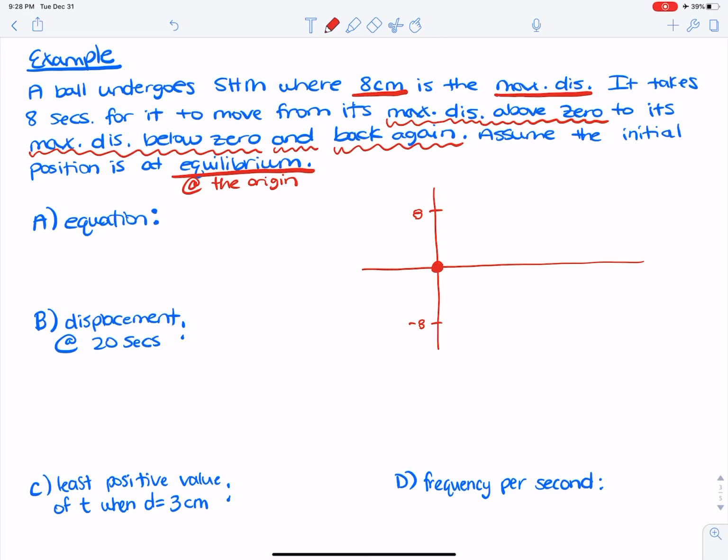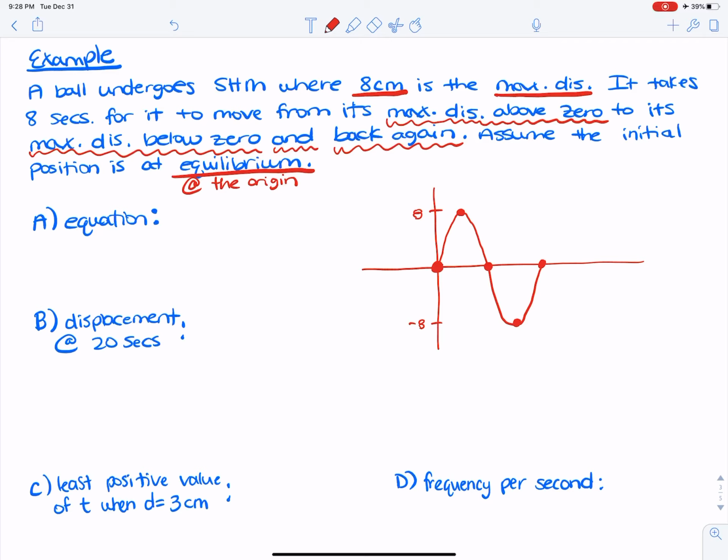So it's just 8 seconds to go from top going down, then back up. So 8 seconds in all. So we're going to start here, going up, then midline, then down, then midline, and that is your full cycle. So this is the path of the ball.